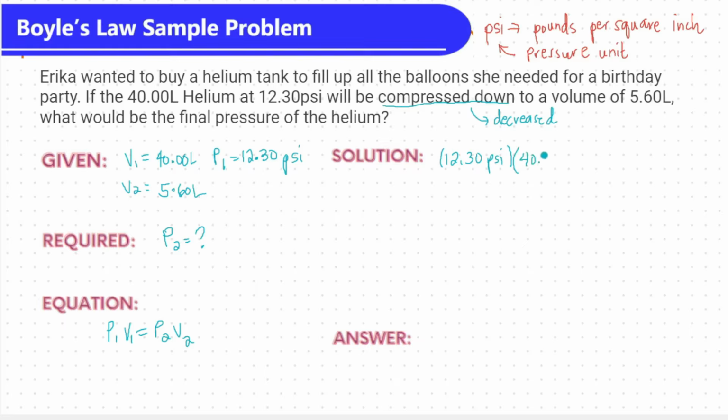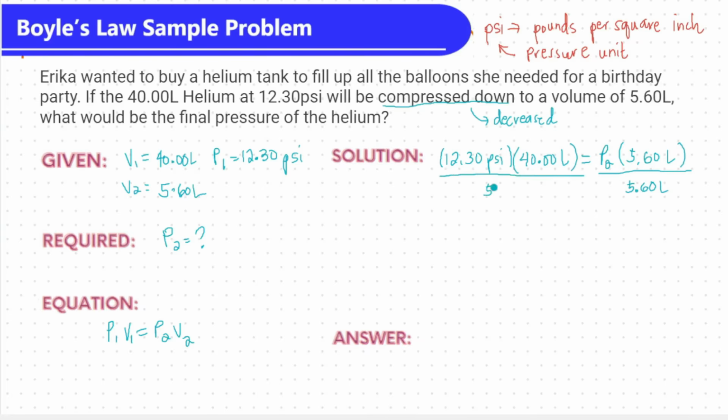Our V1 is 40.00 liters. Our P2 is missing, and our V2 is 5.60 liters. So what I will be doing here is to divide both sides by 5.60 liters.